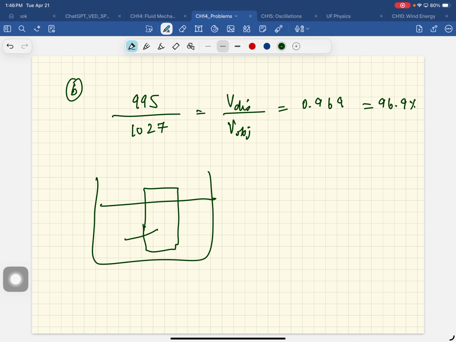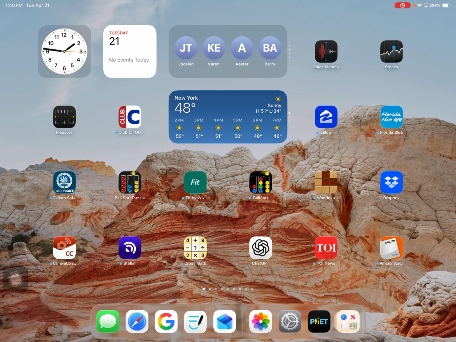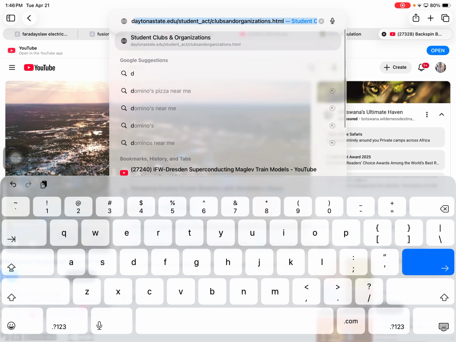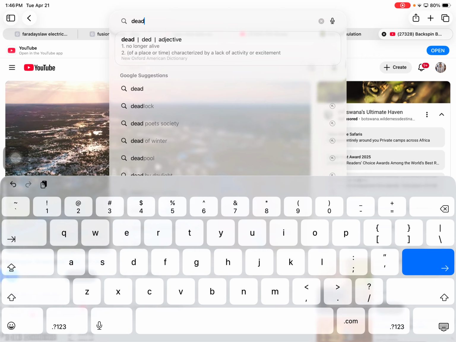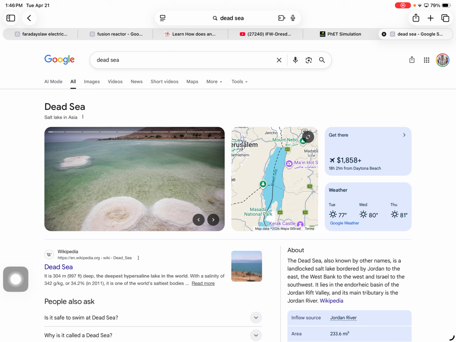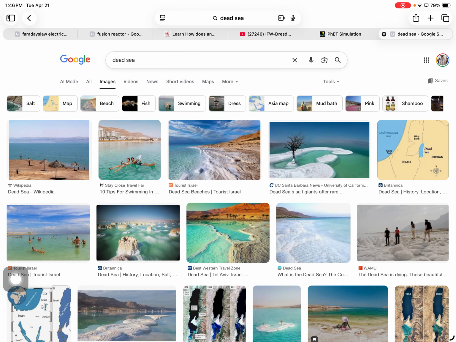So since a helium balloon rises, what must be true? This buoyant force is greater than this weight. And if this buoyant force is greater than that, this balloon will accelerate.